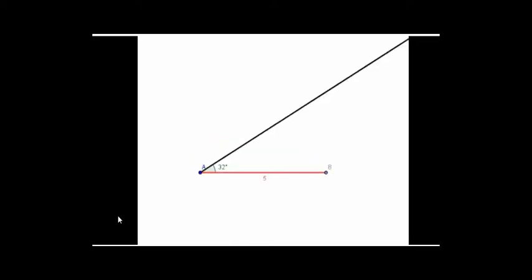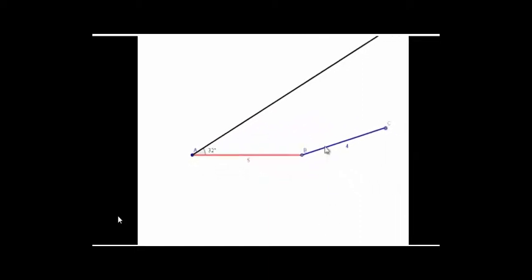Here I have a side of 5. I also have an angle measure of 32 degrees. And I'm going to construct a ray that represents all possible side lengths for this other side of the triangle. Because in this case, the other side length that we know is actually going to be this guy over here.